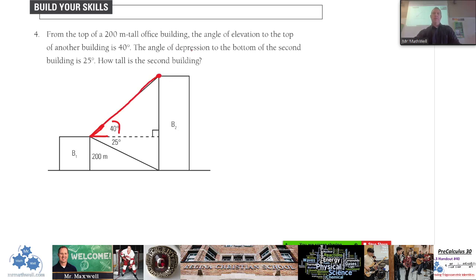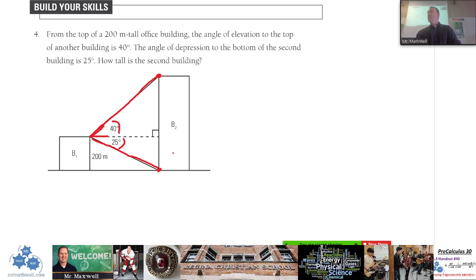Now, the angle of depression goes down from the horizontal, right? Depress means to push down. So the angle of depression to the bottom of the second building right here is 25 degrees.